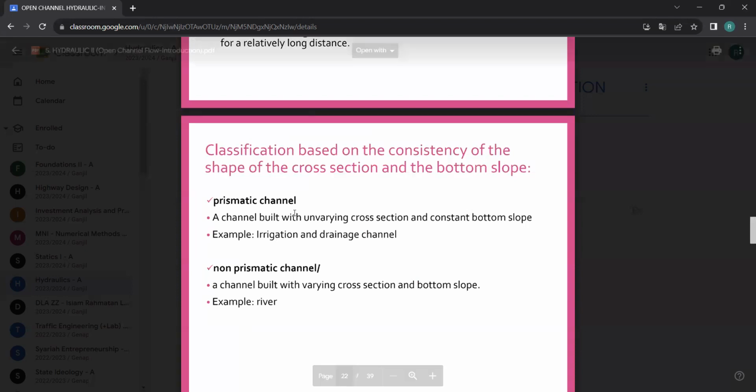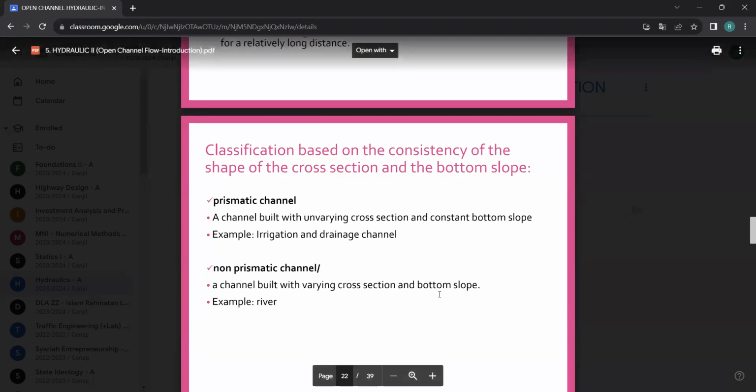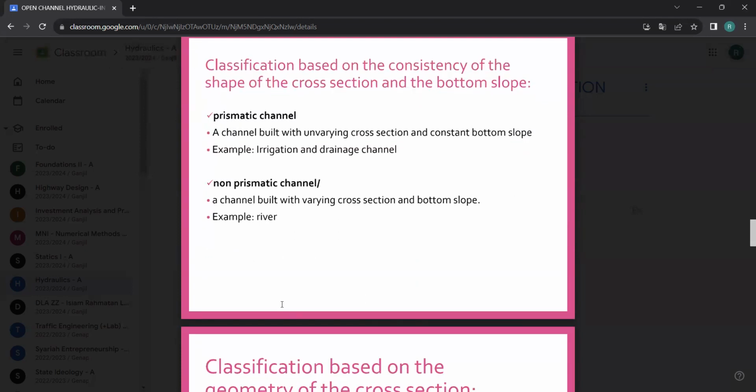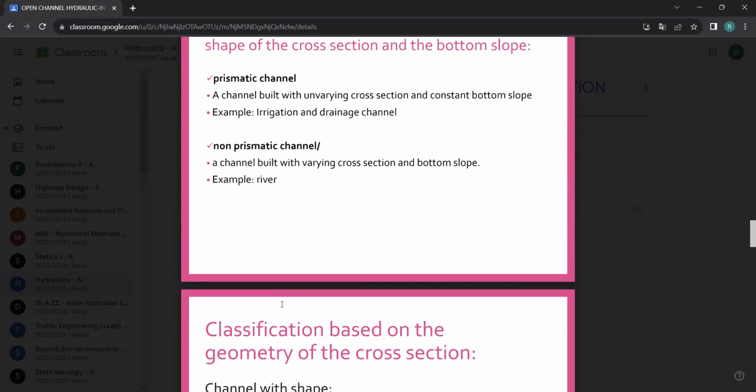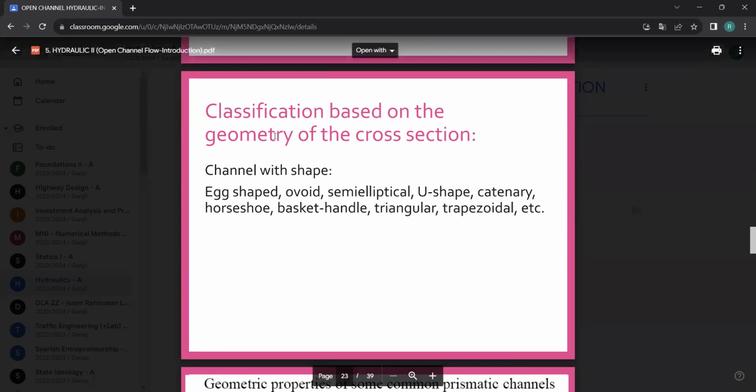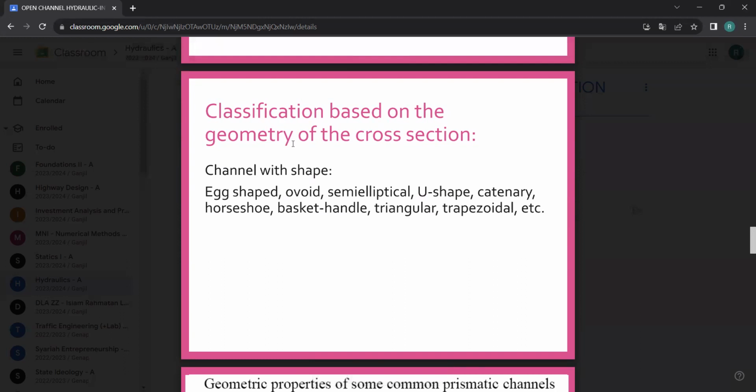For example, irrigation and drainage channel. And non-prismatic channel is built with varying cross-section and bottom slope. For example, river. In river, as we can see, there are objects that disturb the water flow, for example rock and so on.